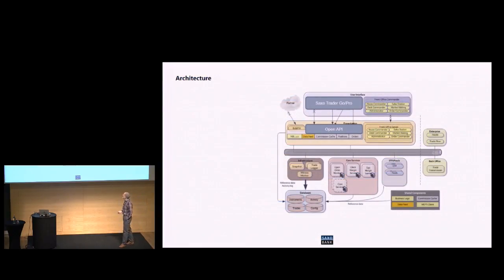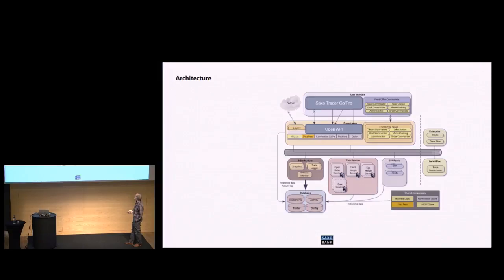So the architecture, very high level. We have the end clients here. We have an open API. We have another API. We have some shared components. We have a message bus, high performance. There's some infrastructure services. I will go into some of those. There are some core services around order management and risk management.